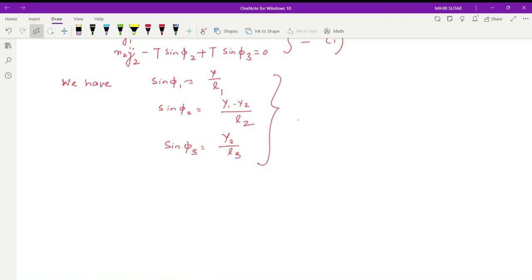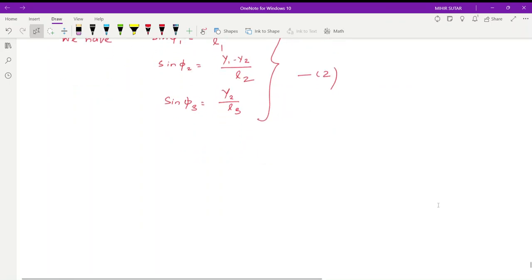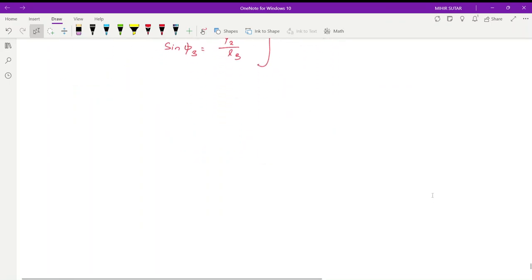Let's say this is our second set of equation. Now substitute these values of equation 2 in equation 1.